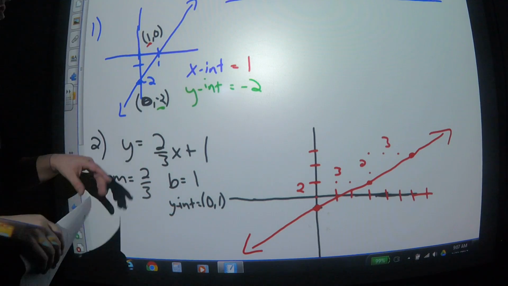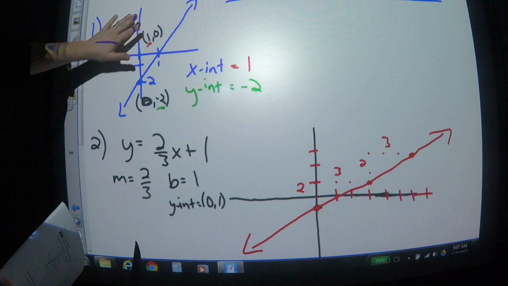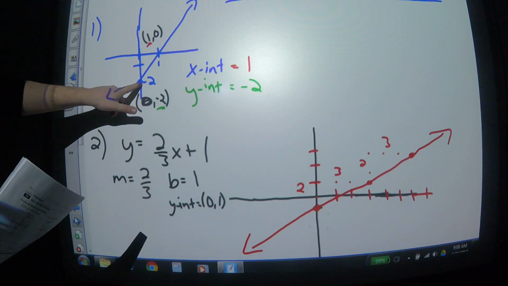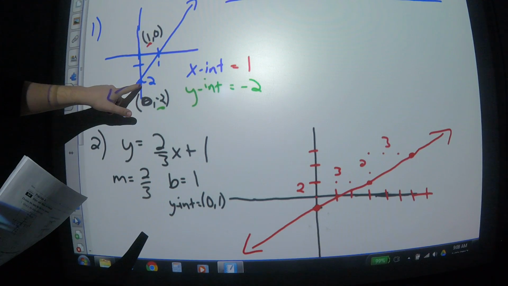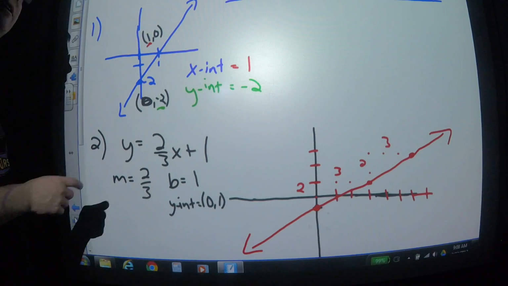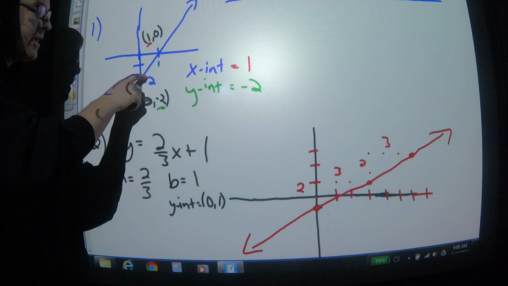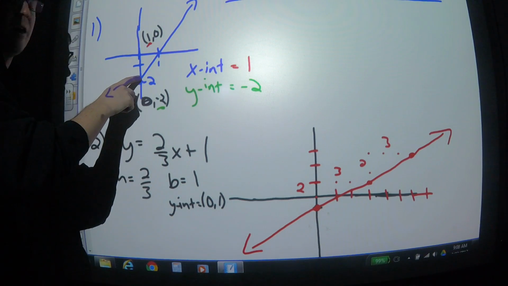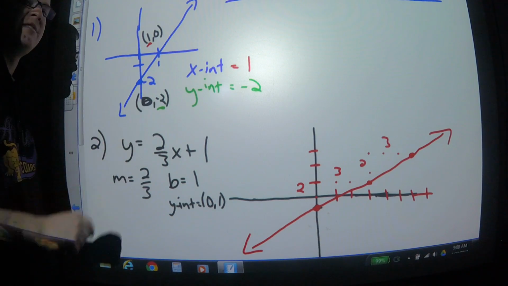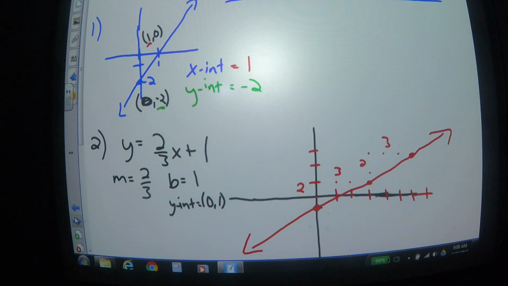Okay? So looking at this line, the line crosses at -2 on the y line. That means that the y-intercept is -2 and x is 0. So this point is the exact point where this line crosses the y-axis, which is (0, -2).